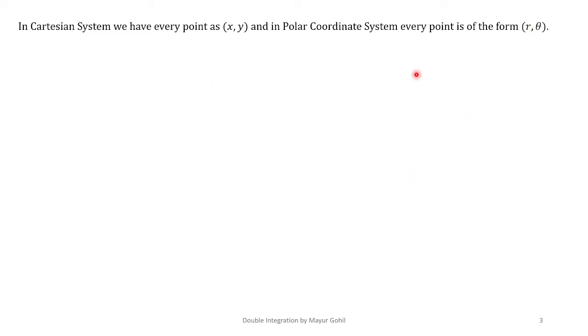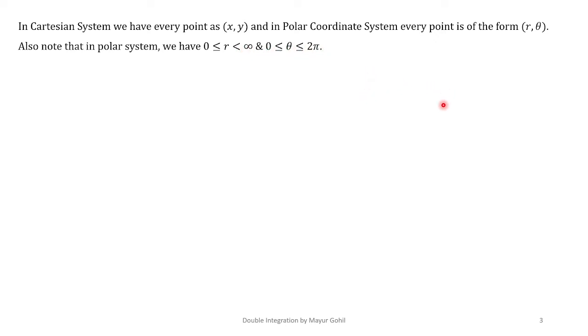These two systems are associated by very useful equations that manage them. Let us first see the important condition on radius and theta that I just mentioned. The first condition is that the radius is always non-negative, that is, it is always between 0 and infinity, and theta is always between 0 and 2 pi.